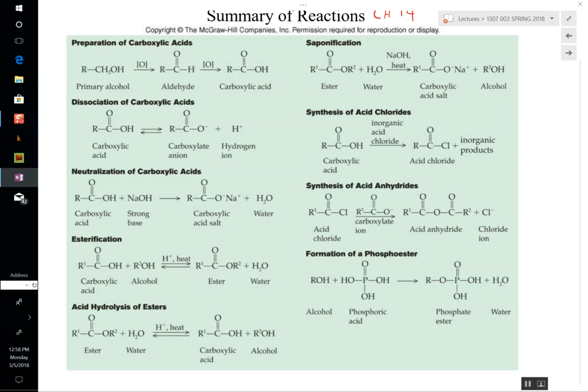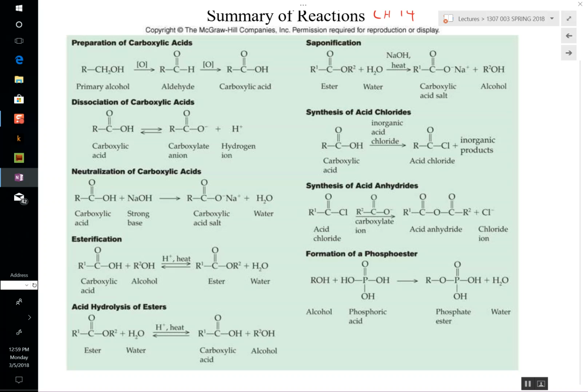Okay, now reactions. Since it is an acid, it will react with a base. So you can take that acid, react it with a base, and form this salt and water. This is really the only time where it's appropriate to show the negative and positive charge.